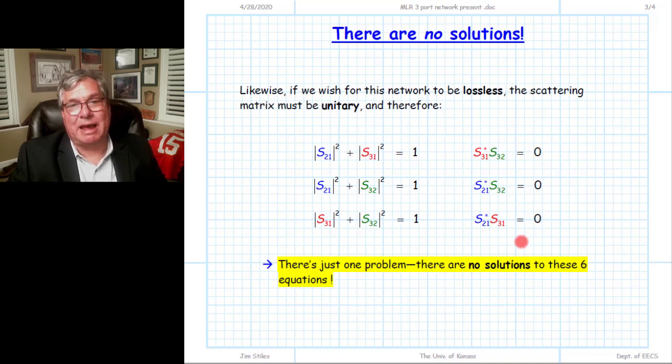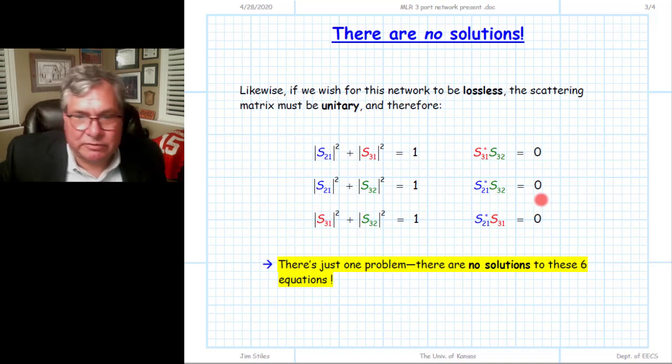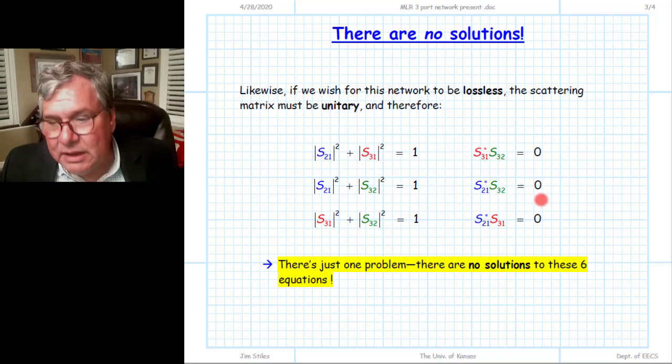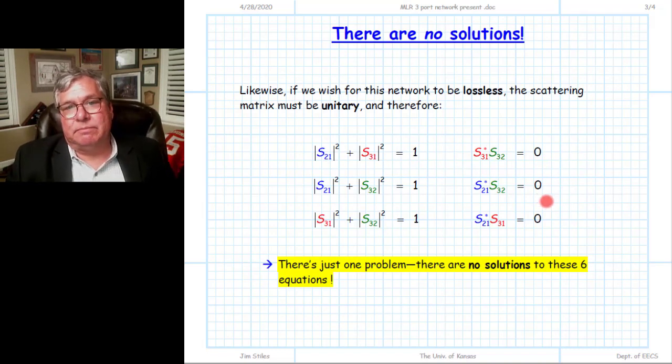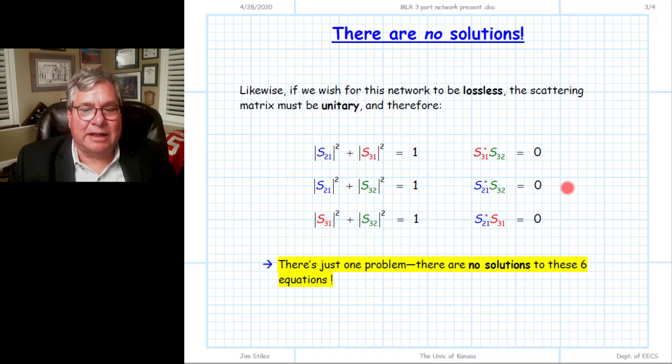Now, this is just a mathematical statement. We've gone through and defined these sets of equations, essentially 6 real-valued equations. Again, mathematically, we can show that there's no answer. But remember, these mathematical statements are representations of a physical artifact: the fact that it's matched, the fact that it's reciprocal, the fact that it's lossless.